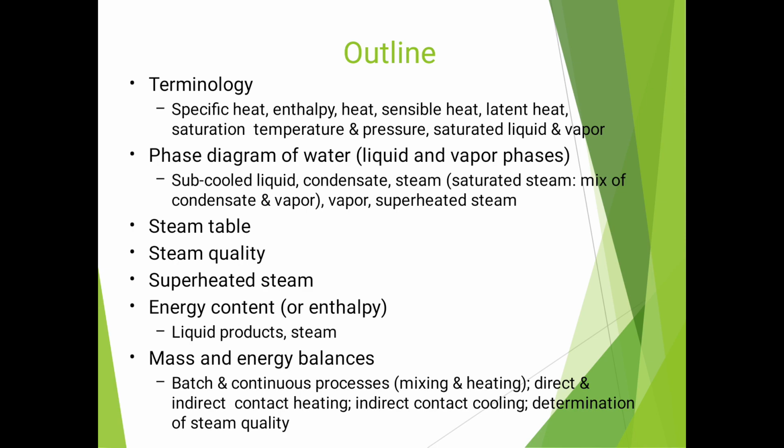Subcooled liquid, condensate stream, saturated stream, that is a mixture of condensate and vapor, vapor and superheated stream. We have to determine steam table, steam quality, superheated steam, energy content, that is liquid products and the steam. Mass and energy balances, batch and continuous process for mixing and heating, direct and indirect contact heating, indirect contact cooling, and determination of the steam quality.